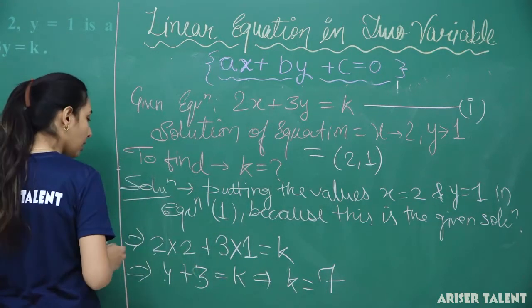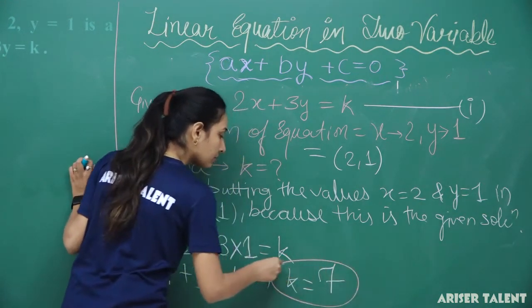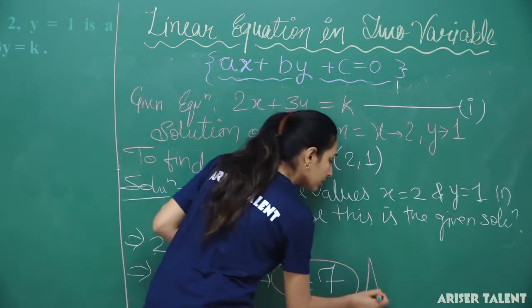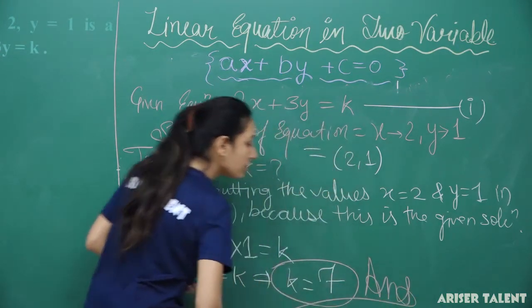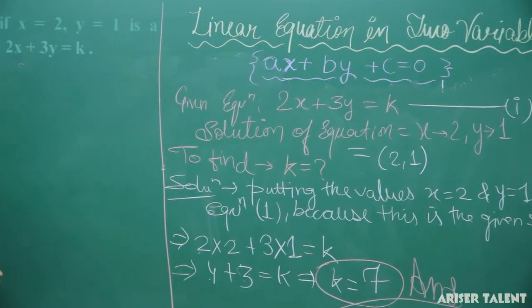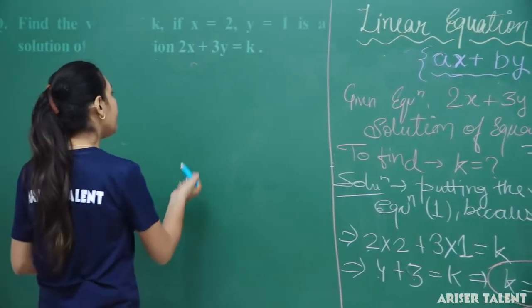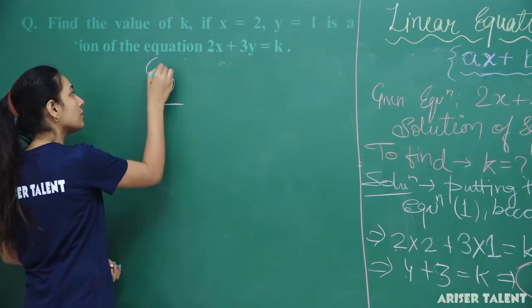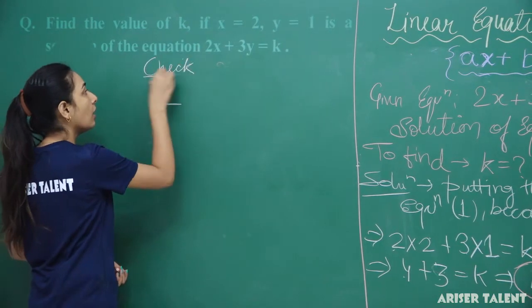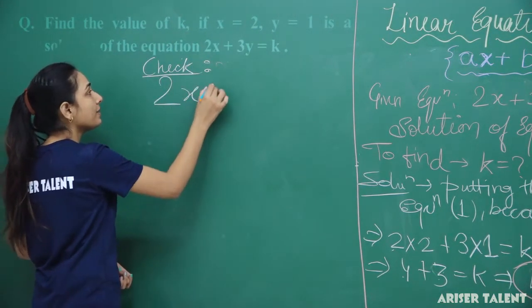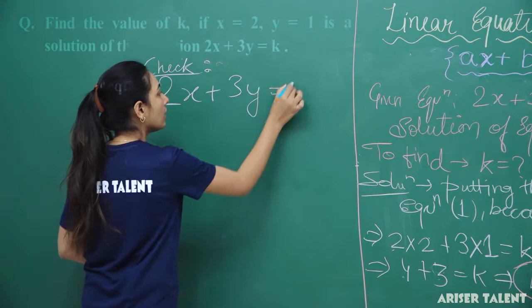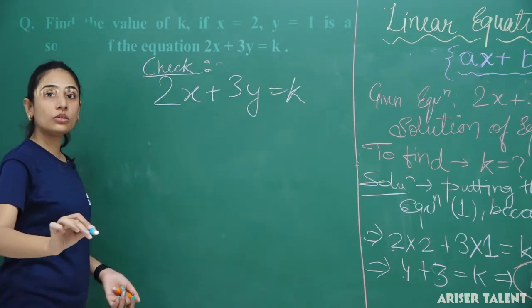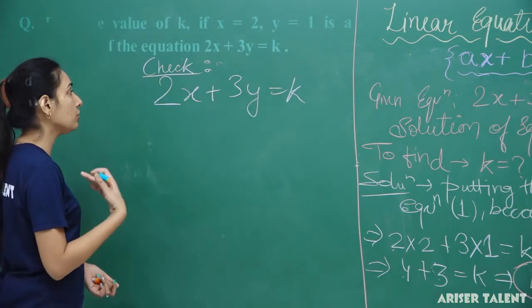Is it simple or not? Now this is your answer, buddies. And if you have any question, this is just a check. So how are you going to check it? 2x plus 3y equals k. Put all the values given to you and the value you got.